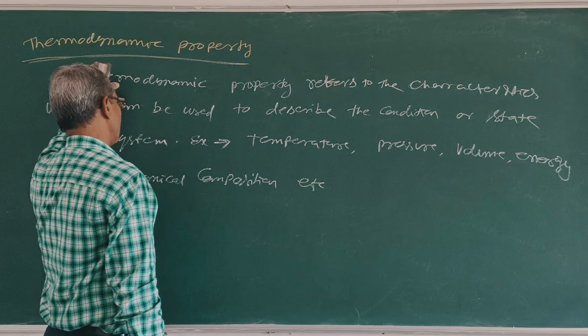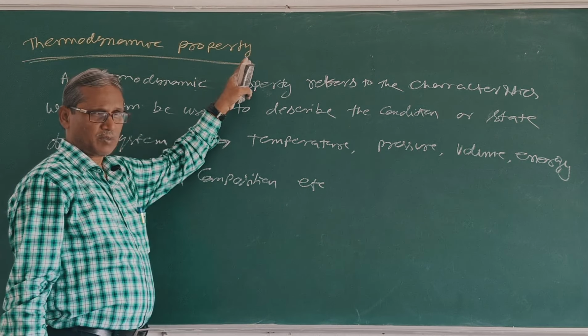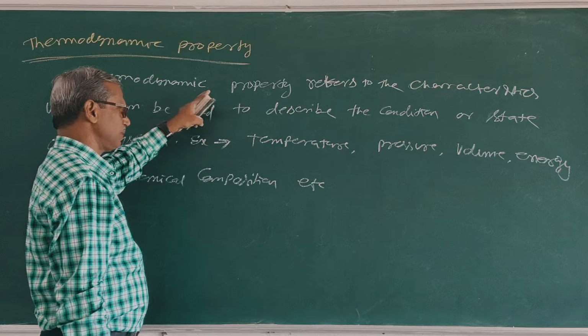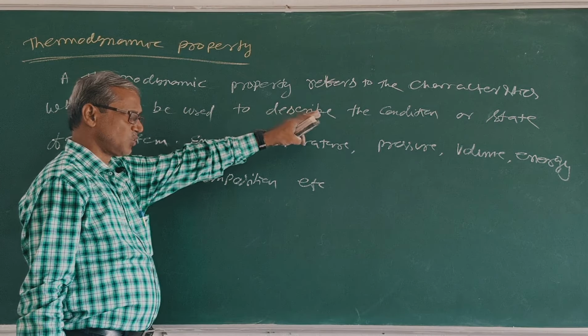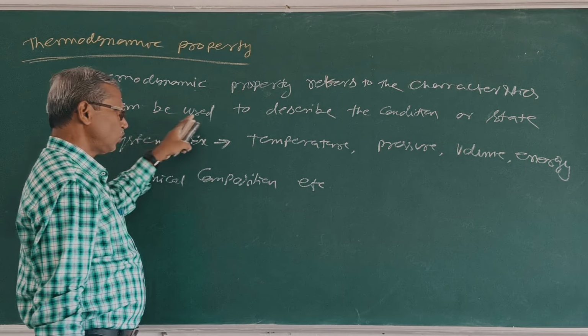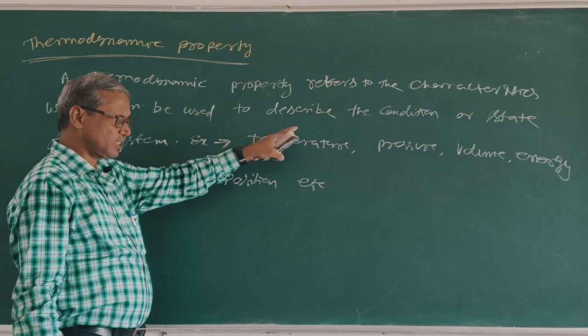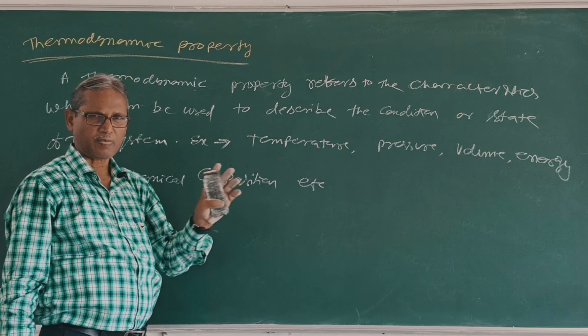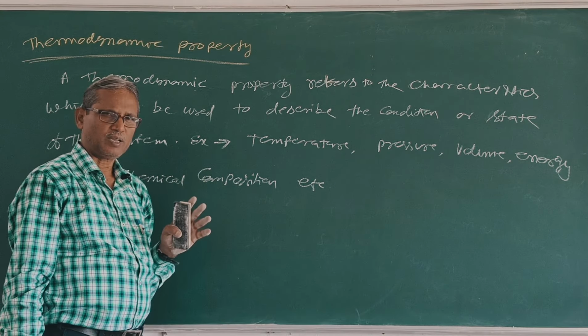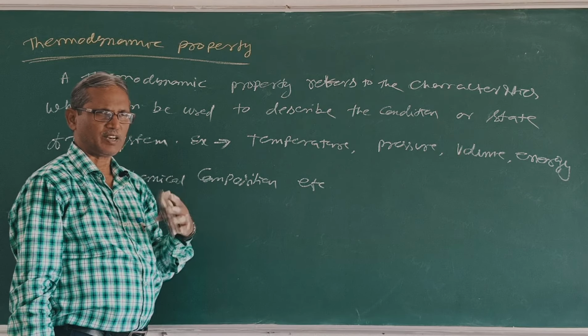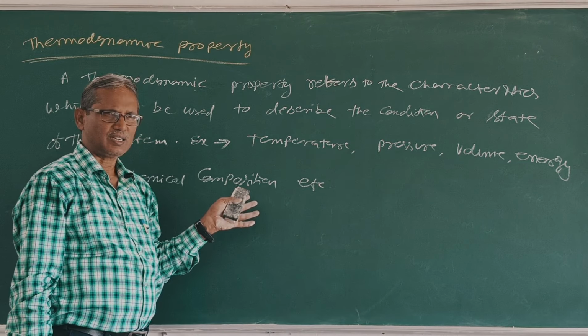Clear? Now this is thermodynamic property. What is thermodynamic property? The thermodynamic property refers to the characteristic which can be used to describe the state or condition of the system. Clear? For example, temperature, pressure, volume, energy, work, chemical composition, density.